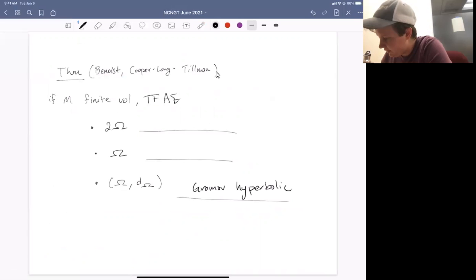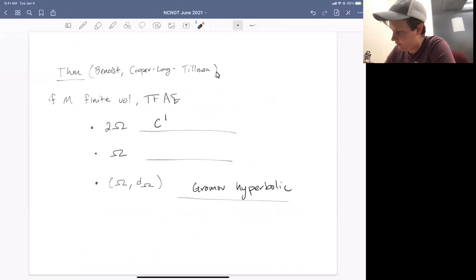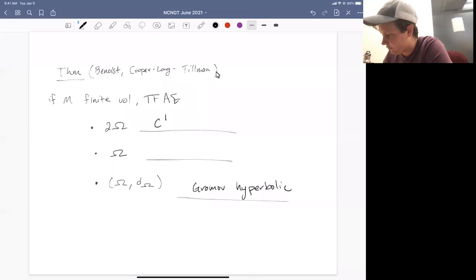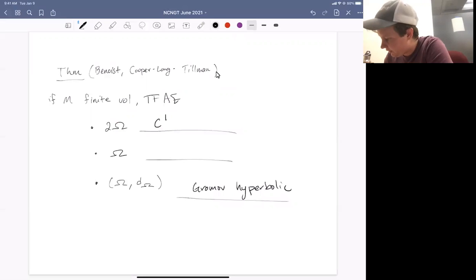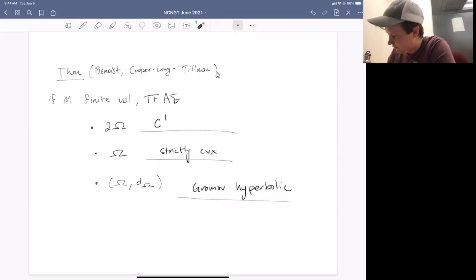The boundary is C1, so M is the quotient of omega by a discrete group of projective transformations. It's equivalent that the boundary is C1, omega is strictly convex, and the metric space is Gromov hyperbolic.